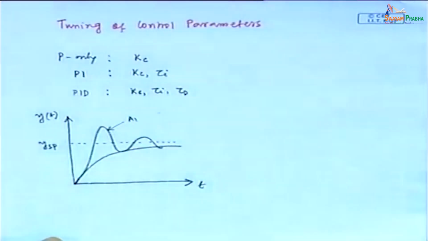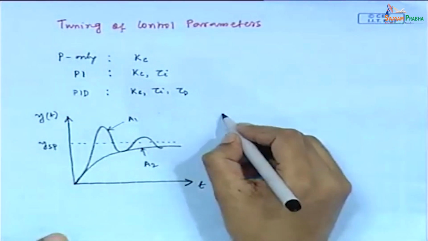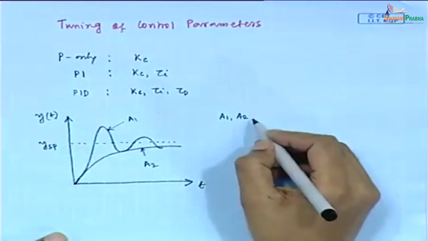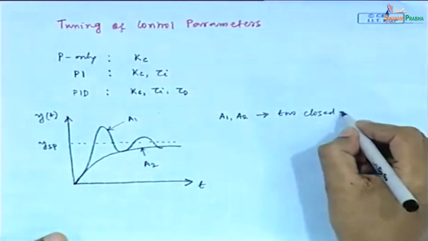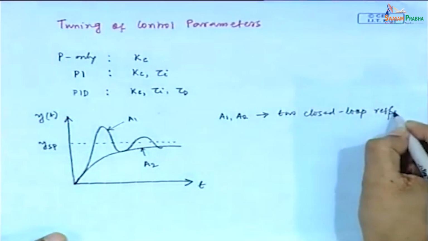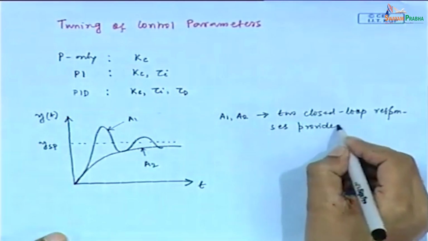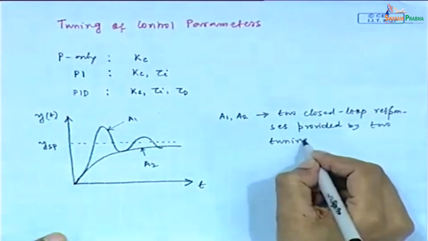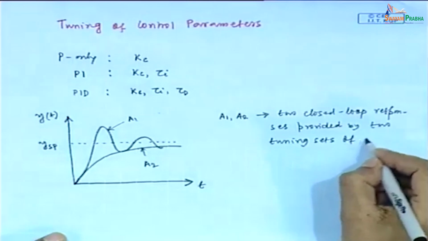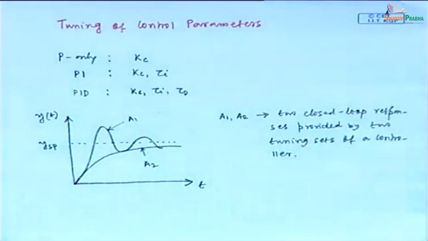Say this is one type of response, A1, and this response is, suppose, A2, where A1 and A2 are two closed loop responses provided by two tuning sets of a controller.